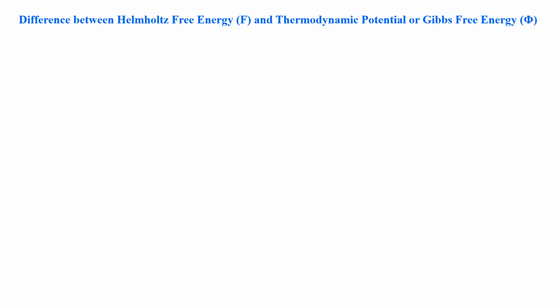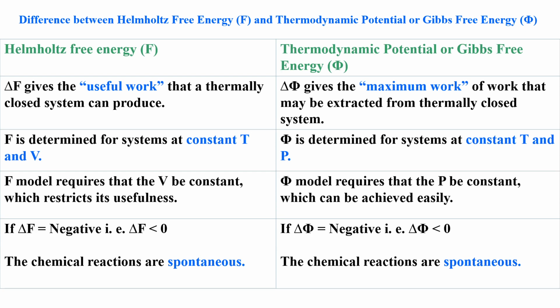Now what is the difference between Helmholtz free energy and thermodynamic potential, which is also called Gibbs free energy? What is the basic difference between these two terms? Both terms represent the maximum work done by the thermally isolated system, but there is a small difference between these. Now Helmholtz free energy, del F, gives the useful work that a thermally closed system can produce.